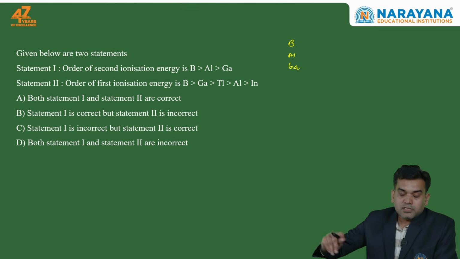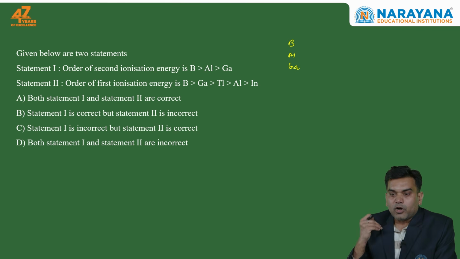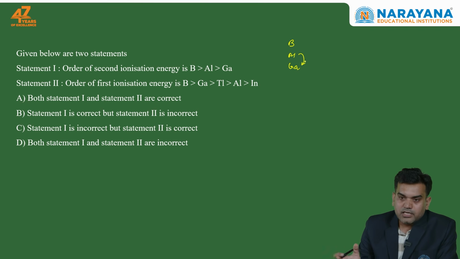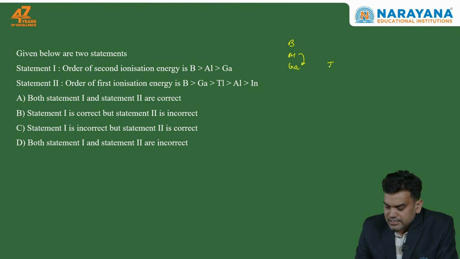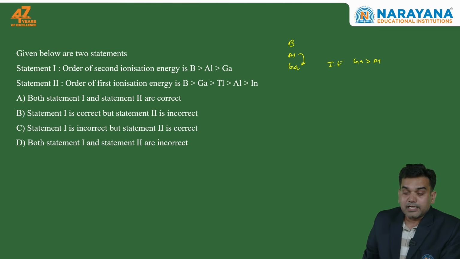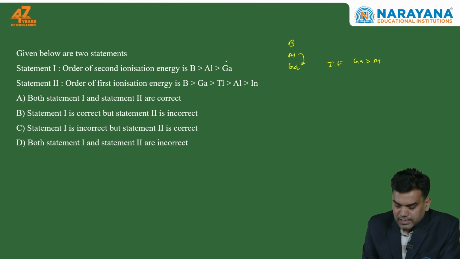Generally, on moving top to bottom in the periodic table, the enthalpy of ionization decreases. But from aluminium to gallium, because of the introduction of inner d orbitals, the ionization energy of gallium becomes more than that of aluminium. So its first and second enthalpies of ionization are both greater. So this is incorrect. Gallium should be over here and aluminium should go there. So this statement is wrong.